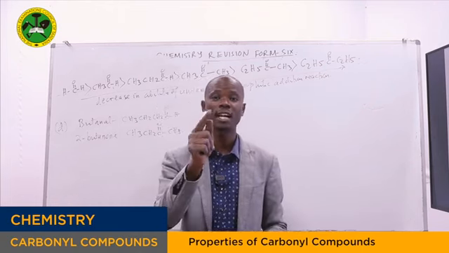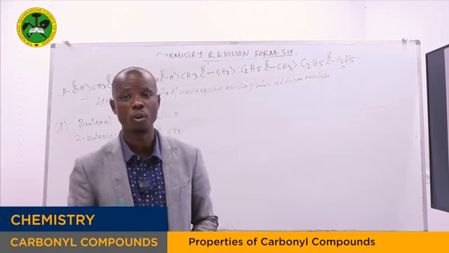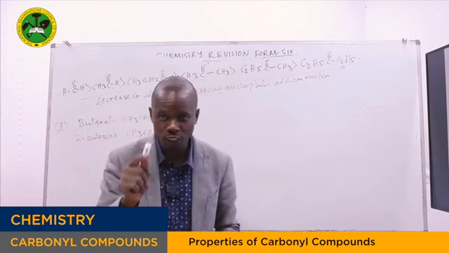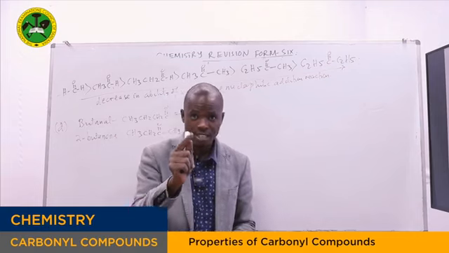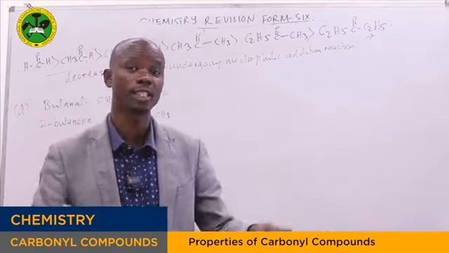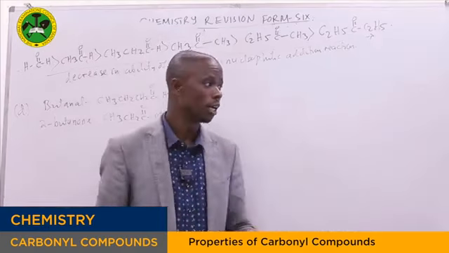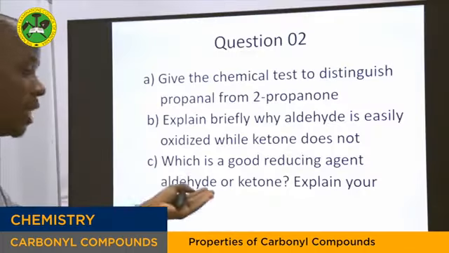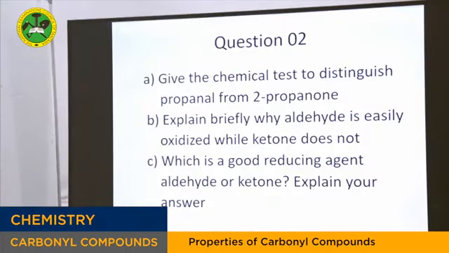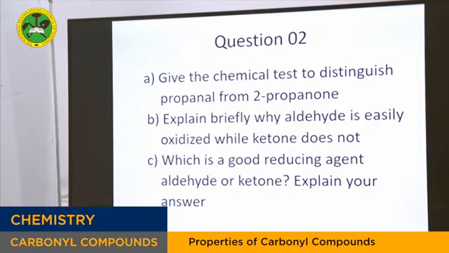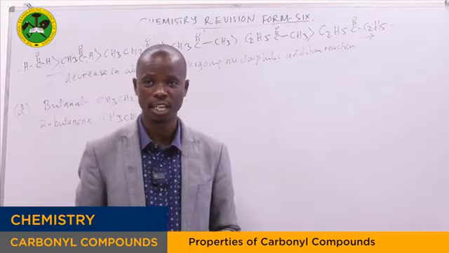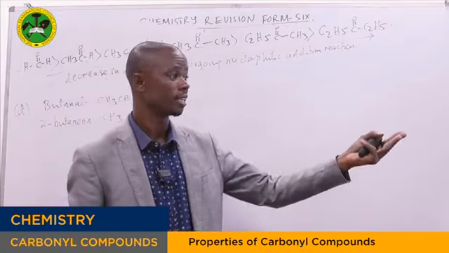I said because the carbon containing the carbonyl group is bonded to a hydrogen atom. So that makes that compound a strong reducing agent, so it can be easily oxidized. But a ketone resists oxidation. Why? Because the carbon with the carbonyl group is lacking a hydrogen atom. So that's why that one does not.